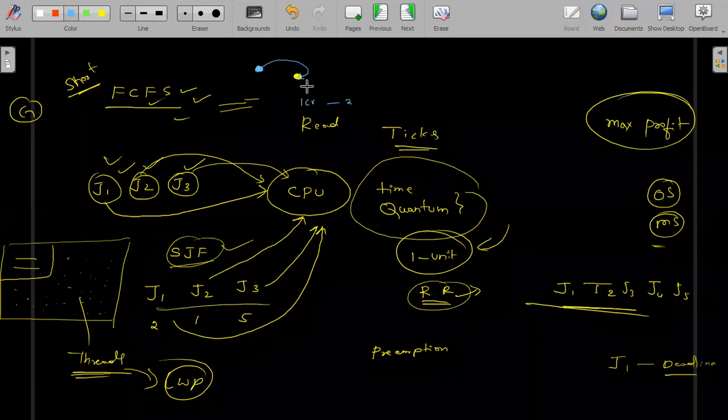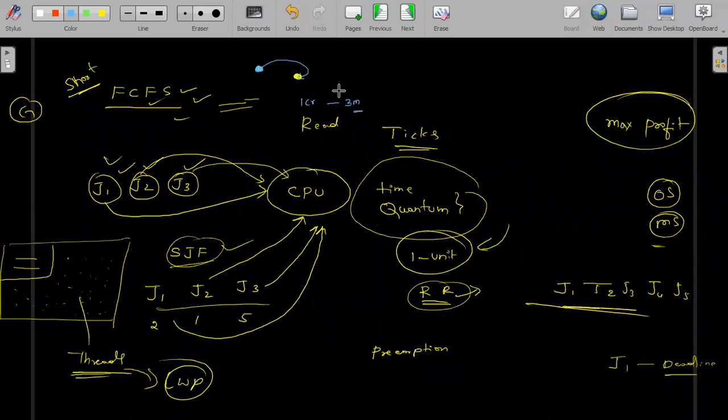After analyzing, they say 3 months is not enough for us, we need a minimum of 1 year. If the client agrees, then this is your deadline, 1 year. If you exceed it, that is a lapse, and there is no use of the project. The client says, I agree with 1 year, but if you cross 1 year you have to pay 3 crore rupees. That is the agreement they have made.